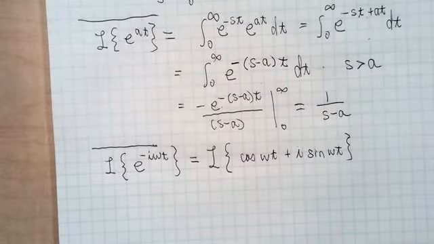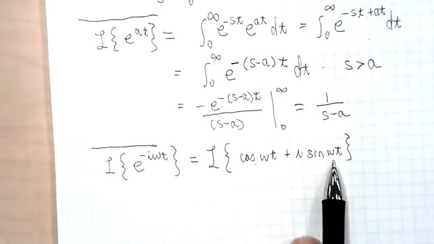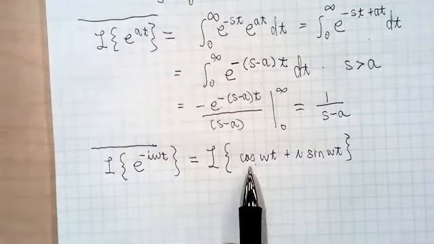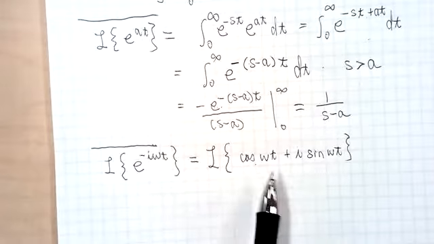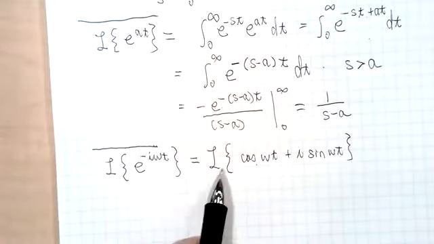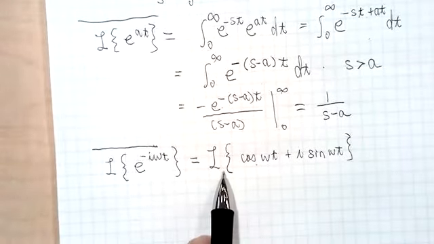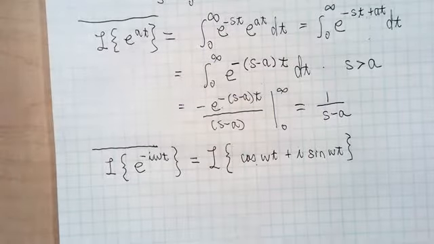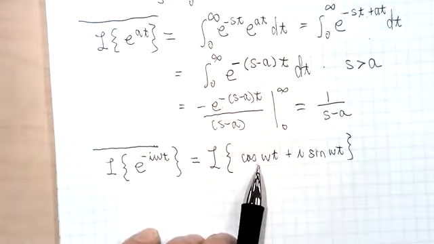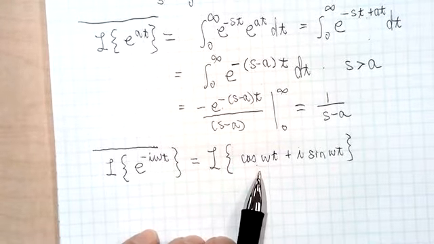And if you think about it, the transform of a sum of functions is just the sum of the transforms, because essentially you're going to integrate this, multiply by something, right? And the integral is a linear functional. If you have the integral of f plus g, that's the integral of f plus the integral of g.